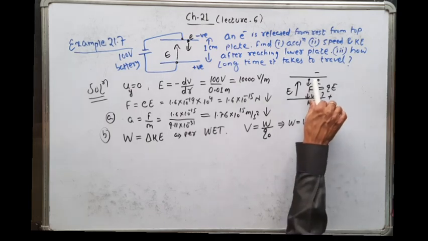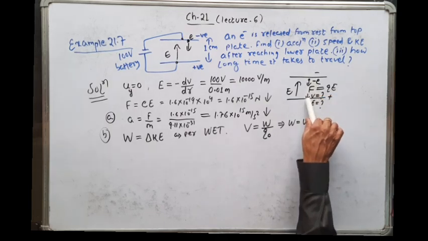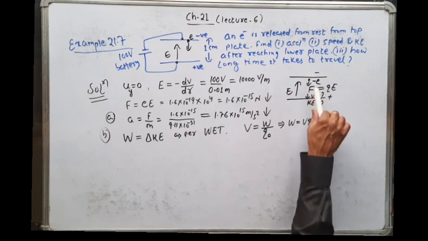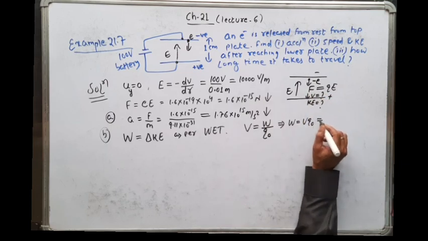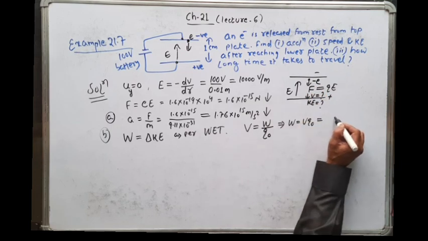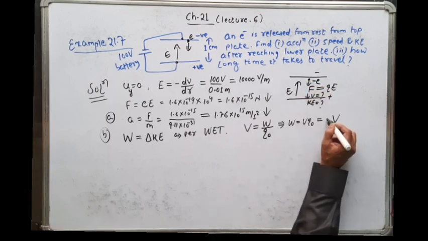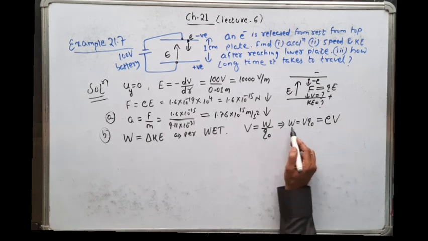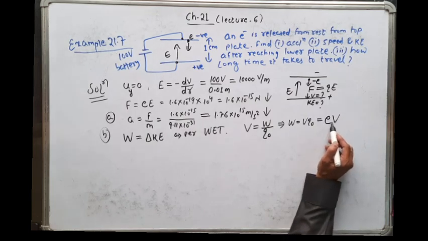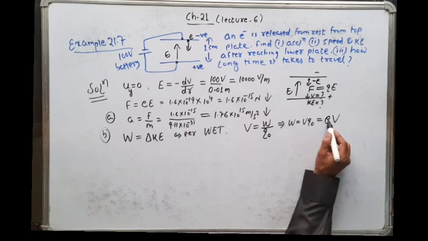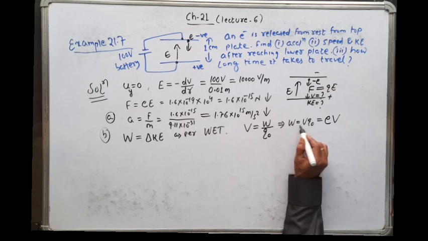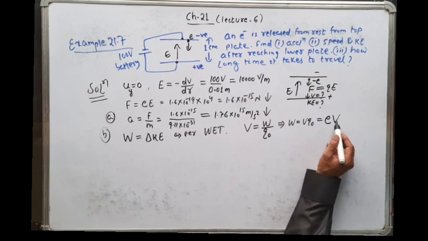So here, the work done in bringing this charged particle, the electron, from the lower plate to the higher plate is equal to the potential difference V times the charge. The charge of the electron is called e. So W is equal to eV. That is called electron volt. So here work done is equal to 1 electron into 1 volt. Okay. But here W is equal to eV. So here V is equal to what?